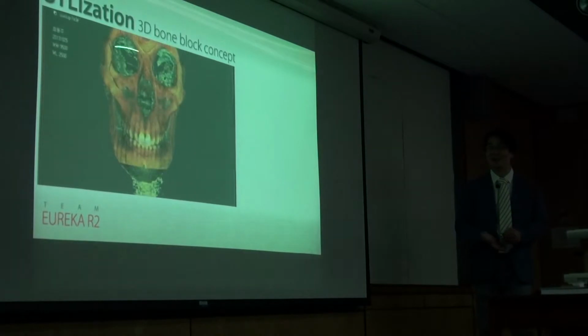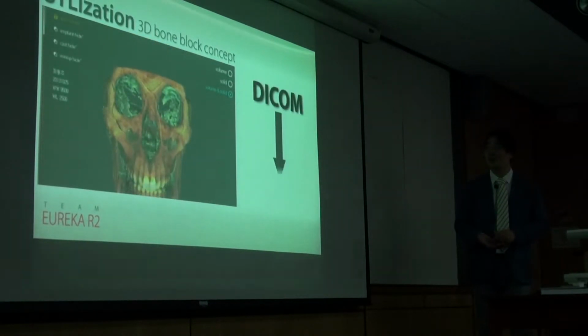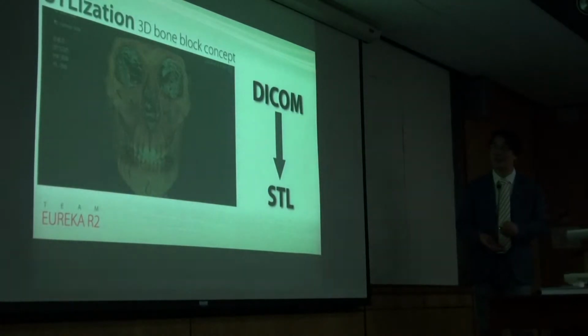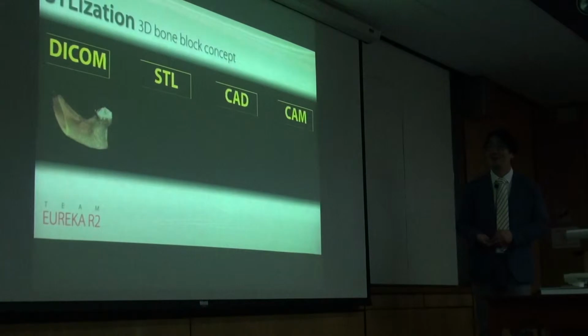It's very important. So we call changing the ICON file into the STL files STLization. It's a new word, so I don't know about the pronunciation, but many native teachers say STLization is quite good. They say.